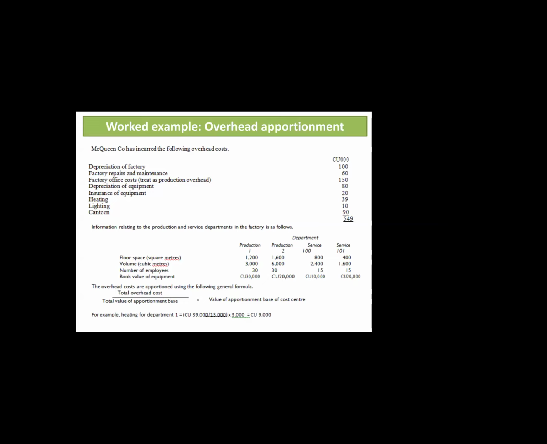Then canteen cost is 90,000. So canteen cost will be allocated on the basis of the number of employees. So the production department canteen cost would be, same calculation, 30,000.